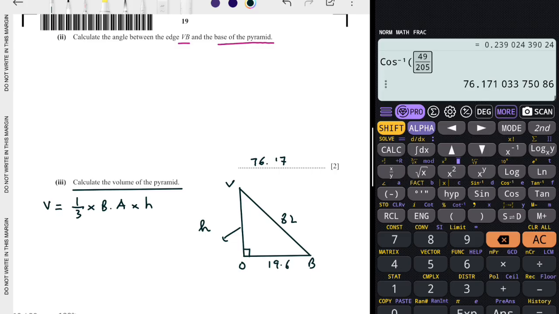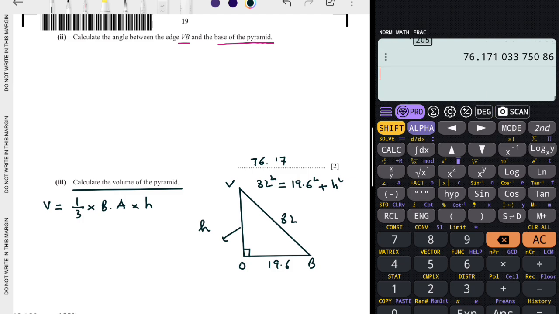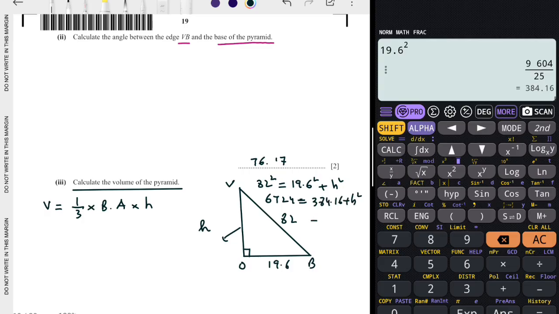By using Pythagoras theorem we will find the height of the pyramid. 82 squared is equal to 19.6 squared plus h squared. So the square of 82 would be 6724, equal to the square of 19.6, which is 384.16, plus h squared. I'm showing working here.